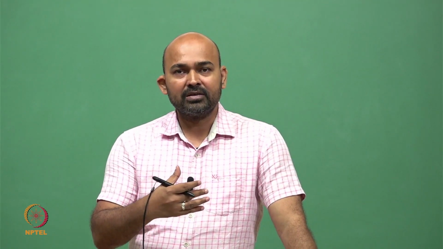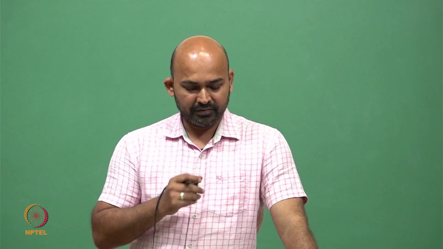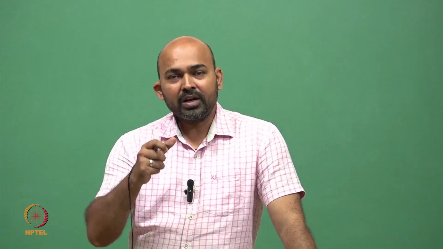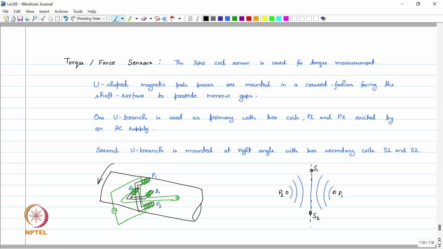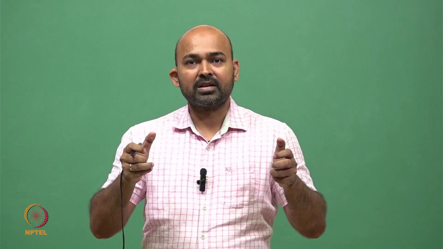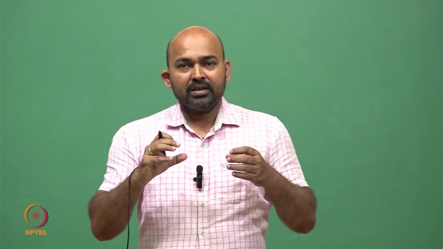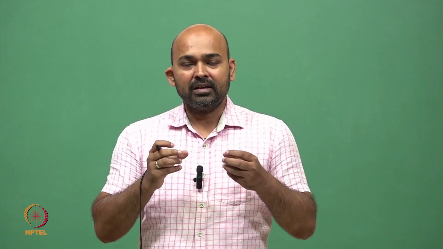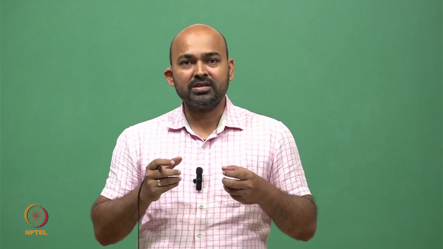There is no change in the magnetic properties of the material of the shaft, or of whatever is coated on the shaft. When torque is applied, because of magnetostriction, the mechanical stress on the shaft changes the magnetic property of the shaft material.